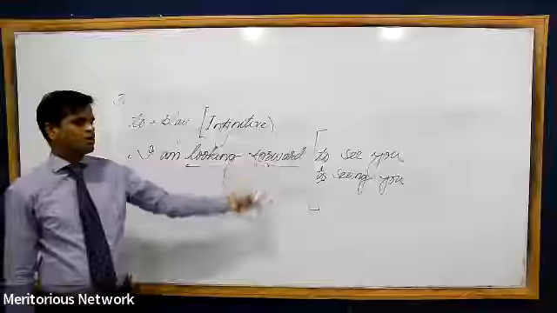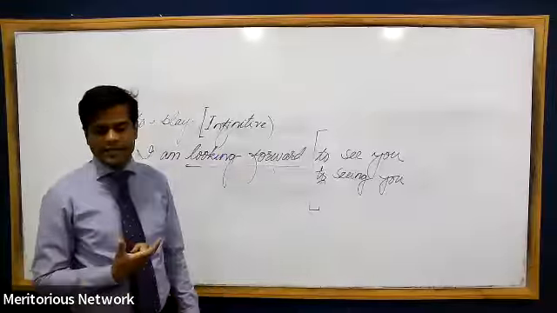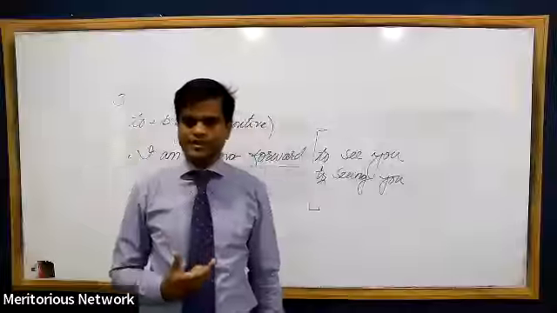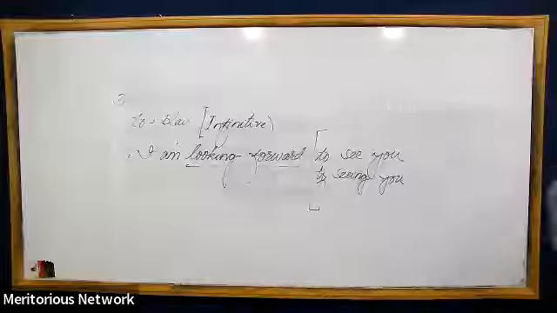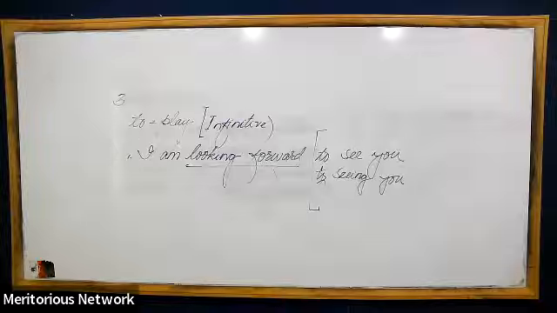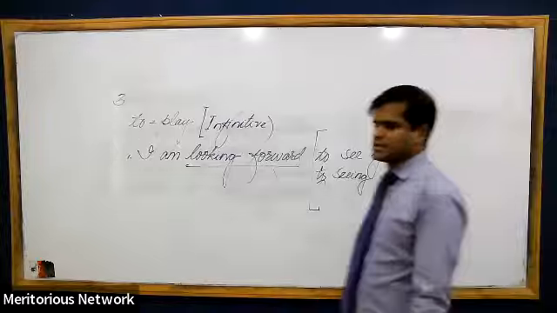But if in the sentence the phrase look forward is there, we tend to use ing form. Note this down. Where look forward is there in the sentence, you have to use the ing form. Look forward, yes. There is one more, which we will discuss ahead.